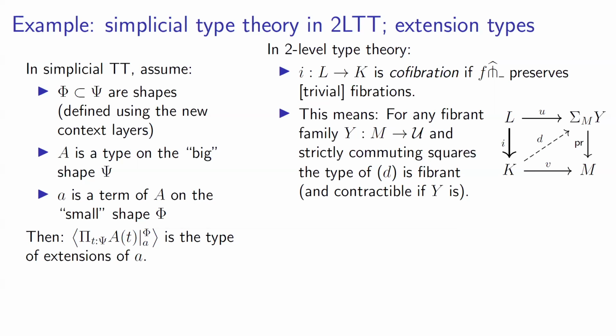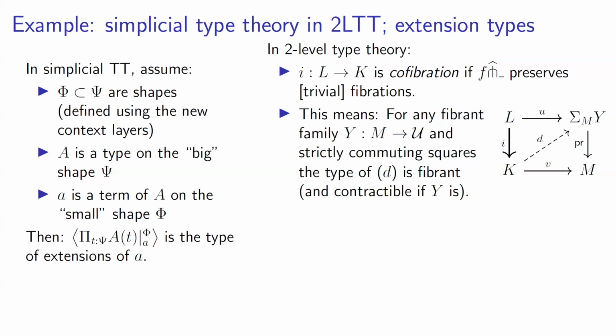Say you have a term defined on triangles, and you already know that for the boundary of this triangle it has a certain form. Then you want to consider the type of possibilities to extend this term to the whole shape. In simplicial type theory, this is really a hard-coded, built-in thing.